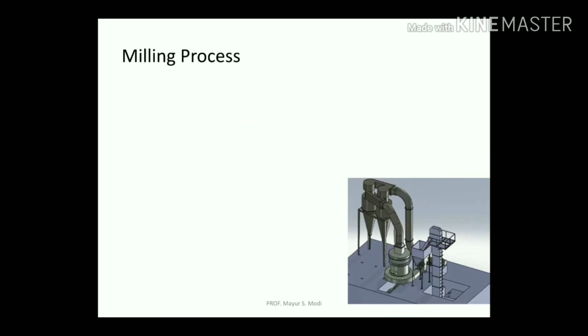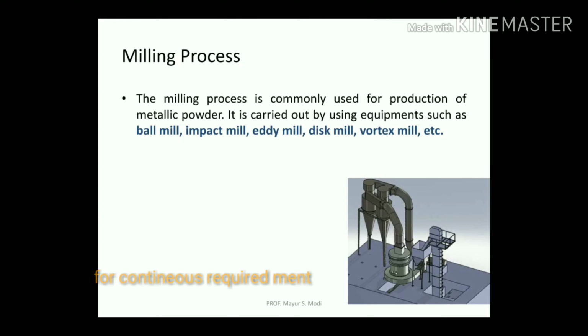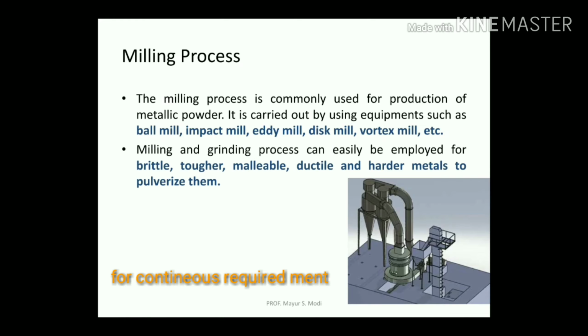Milling process. As shown in the figure, the milling process is commonly used for production of metallic powders. It is carried out using equipment such as ball mill, impact mill, eddy mill, disc mill, vortex mill, etc. Milling and grinding can easily be employed to pulverize brittle, tough, malleable, ductile and hard metals.